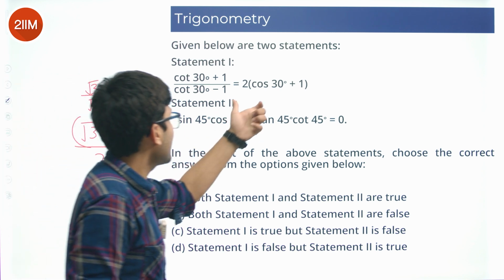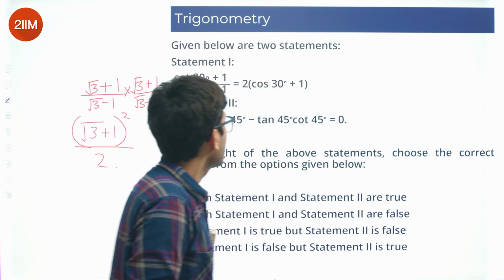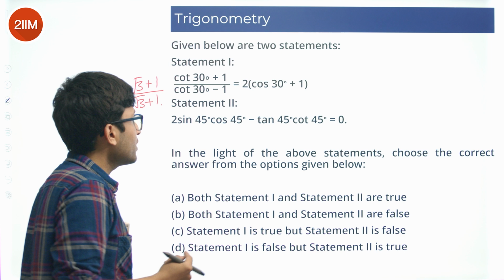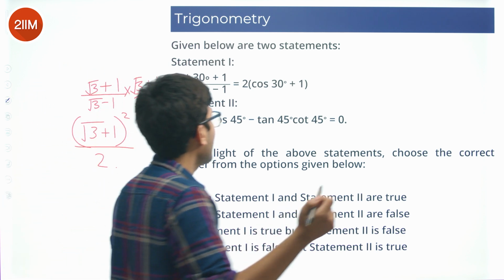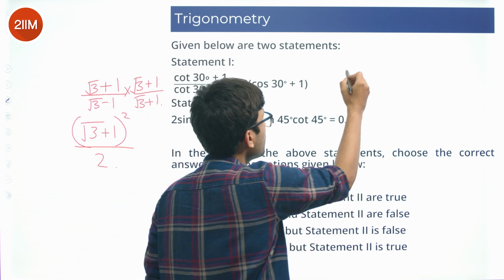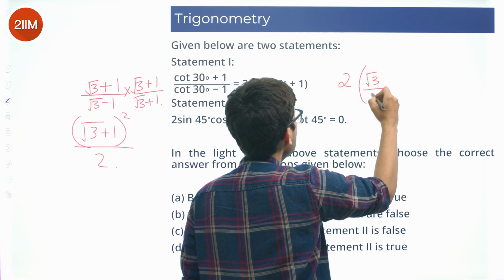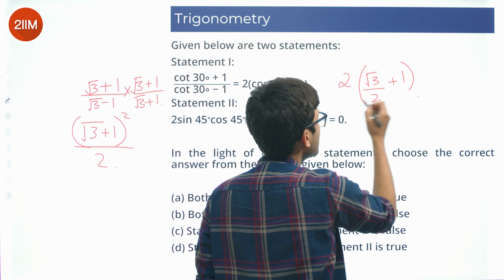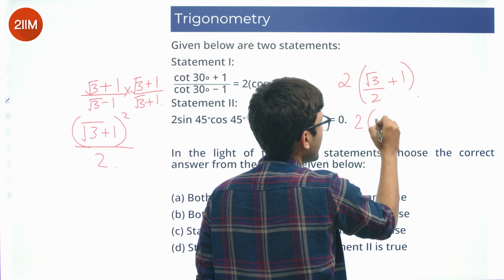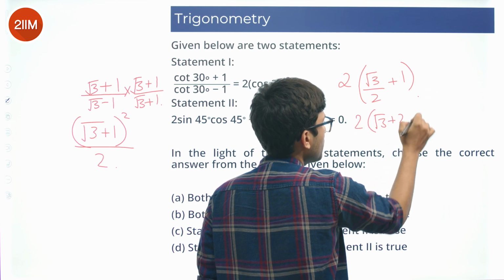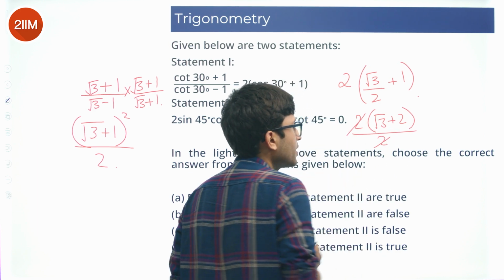And on the RHS side, the value of cos 30 is root 3 by 2. So 2 into root 3 by 2 plus 1. So this would turn out to be 2, I can take common root 3 by 2, and then divided by 2 gets cancelled.